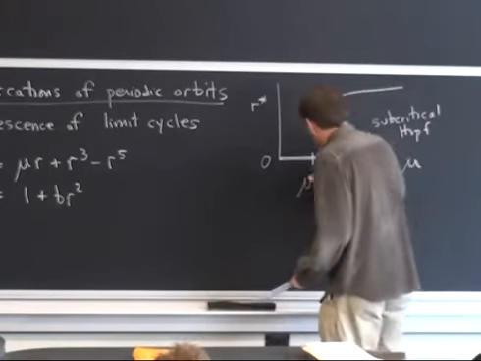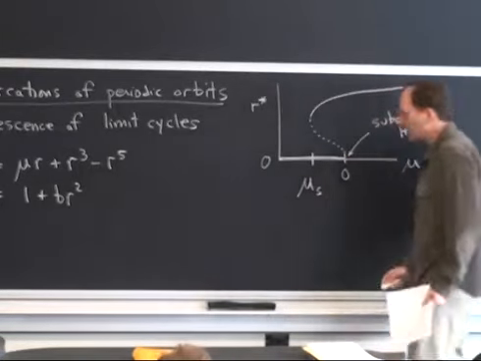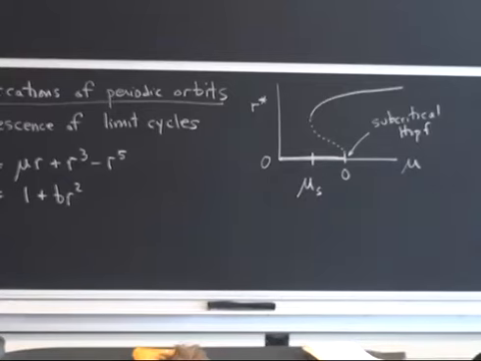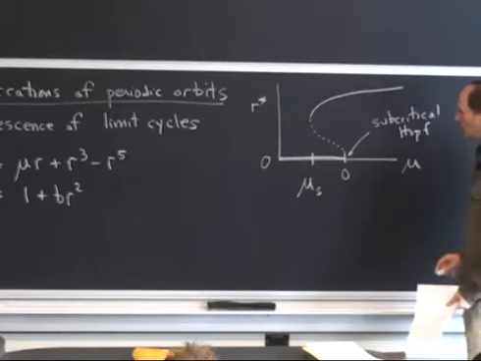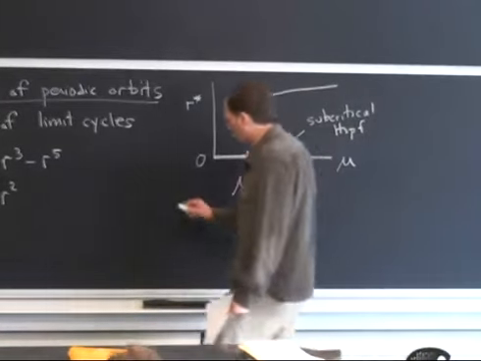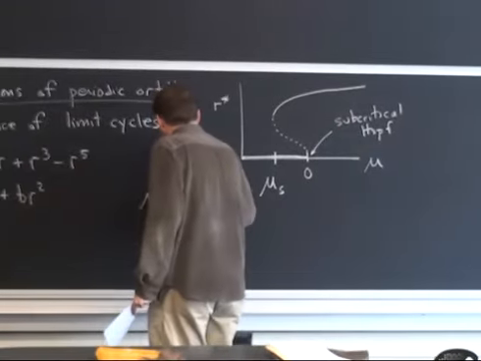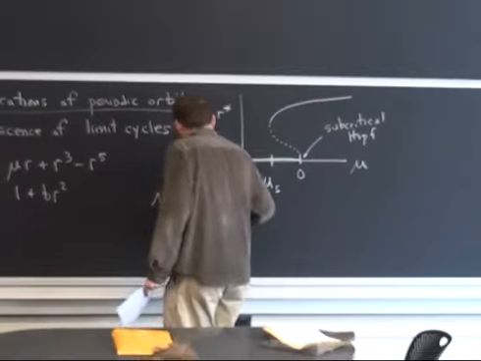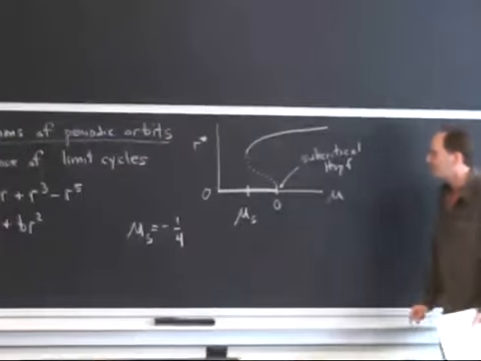So let's call that place mu sub s, s for saddle node. And we could calculate, by just studying the properties of the r dot curve, that mu s turns out to be -1/4. So that's a little calculation you can do.